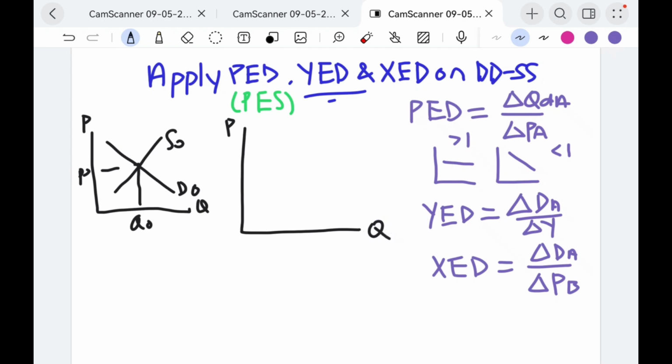So in this case, because my PED assume more than 1, I will draw my demand to be gentler. So rather than what you see on the graph on the left, I will draw it slightly gentler because I have established and I want to show that I'm applying PED. Okay, then if PES is not applicable, then you don't change it. It is still your same S naught.